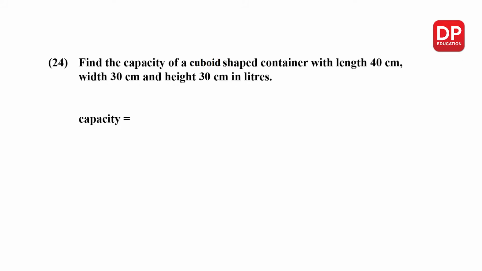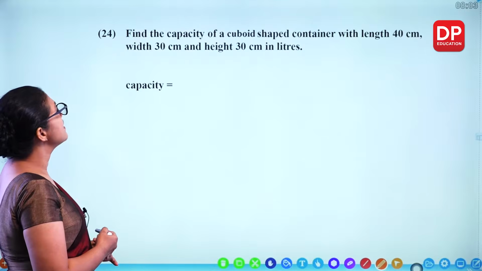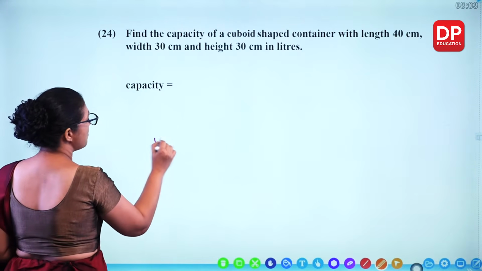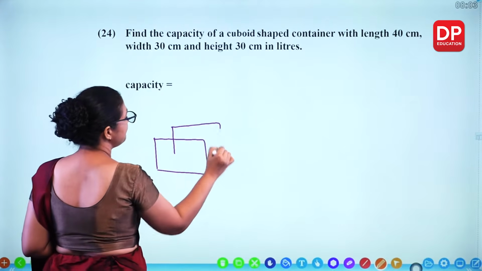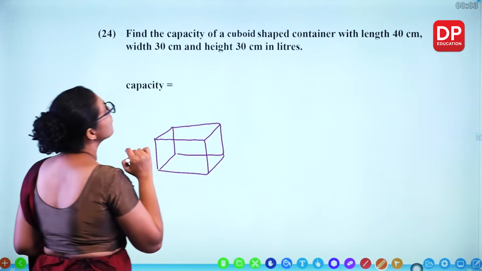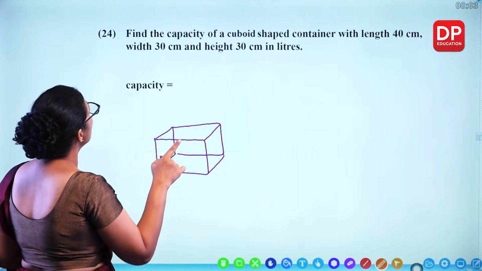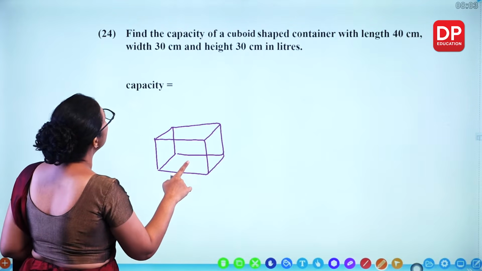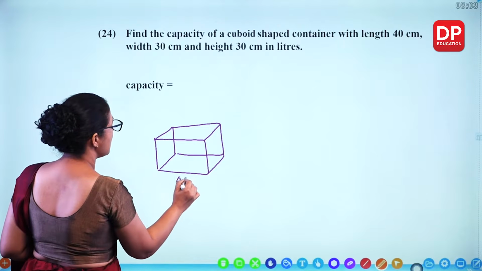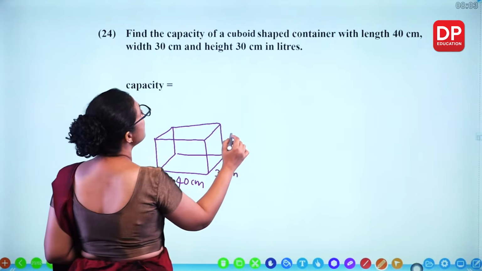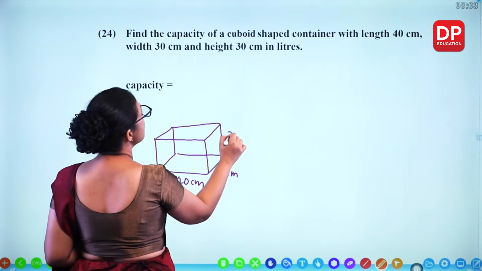Look at this question. Find the capacity of a cuboid shaped container with length 40, width 30 and height 30 in liters. This is also a cuboid. Now you are asked to find the capacity in liters. So the cuboid is length 40 centimeters, width 30 centimeters and height 30 centimeters.